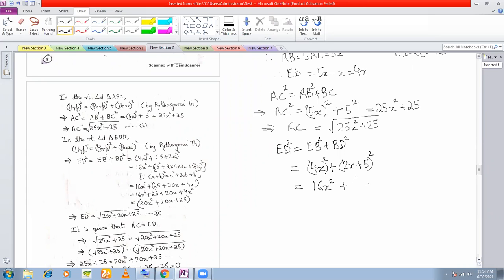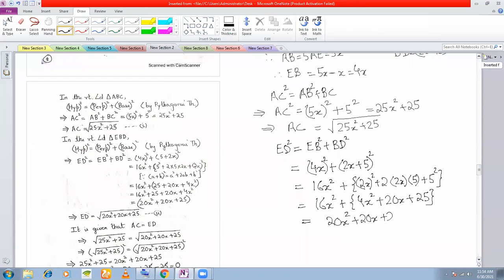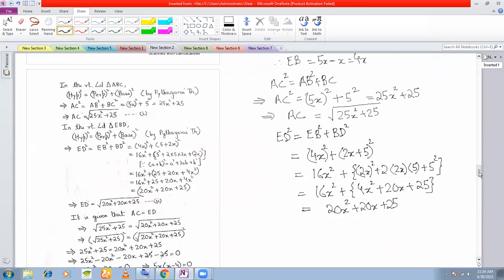This is a square plus twice ab plus b square. So this is 16x square plus 4x square plus 20x plus 25. I open the brackets and add, you get 20x square plus 20x plus 25. So this is what you are getting the length of ED as.